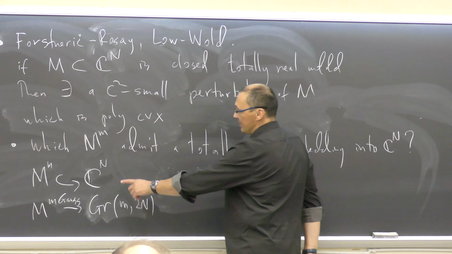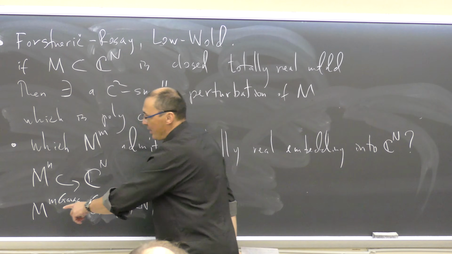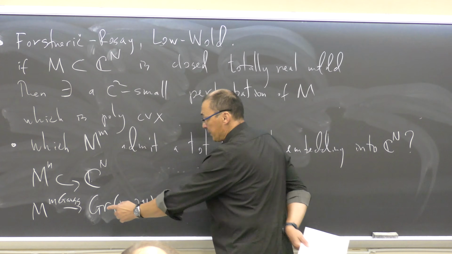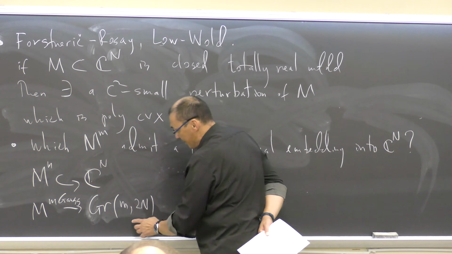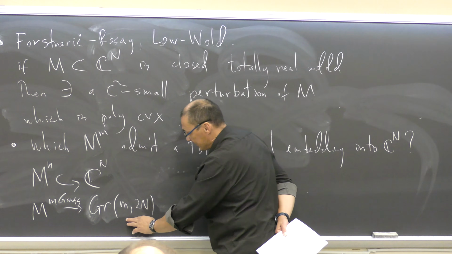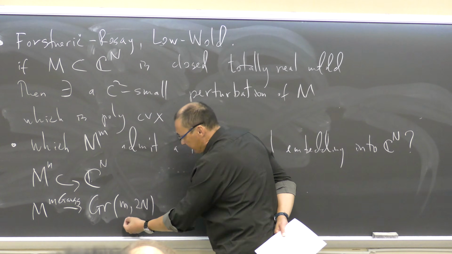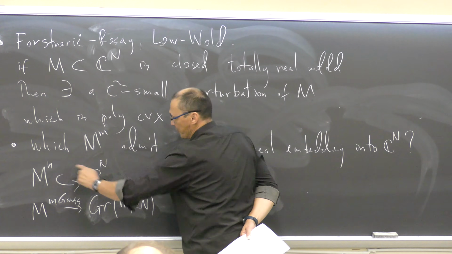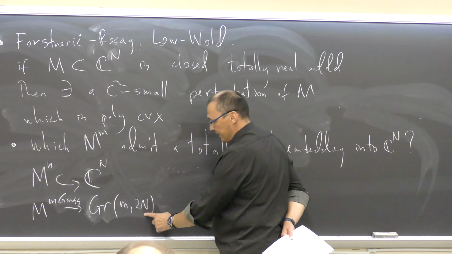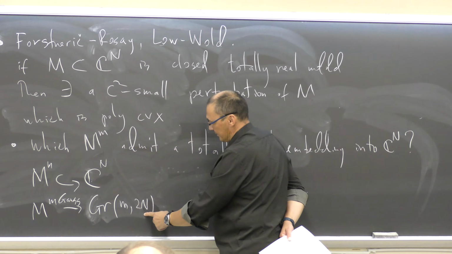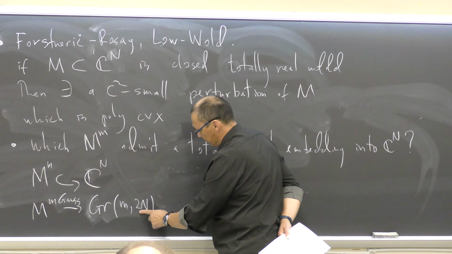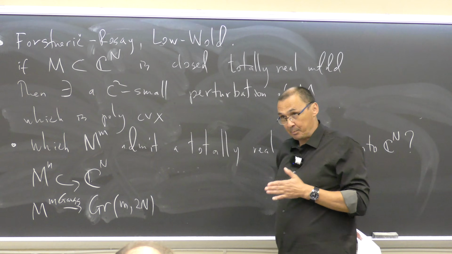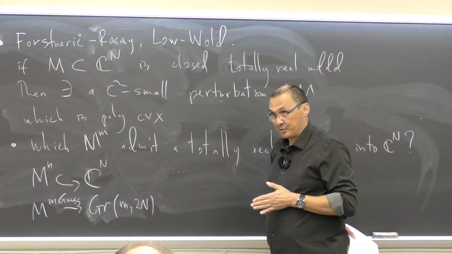And then to say that you have a totally real embedding, that means that the image of this Gauss map in this Grassmannian, at every point here you have a point which corresponds to an M plane in R2n, and you don't want this plane to contain any complex positive dimensional subspace.